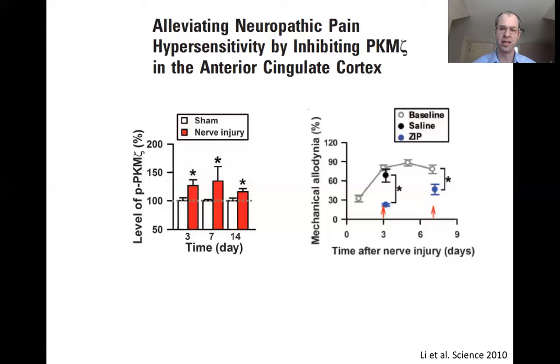And actually an inhibitor of that particular kinase, when focally injected into this area of the brain, reduces this mechanical allodynia and returns the pain thresholds back toward baseline.